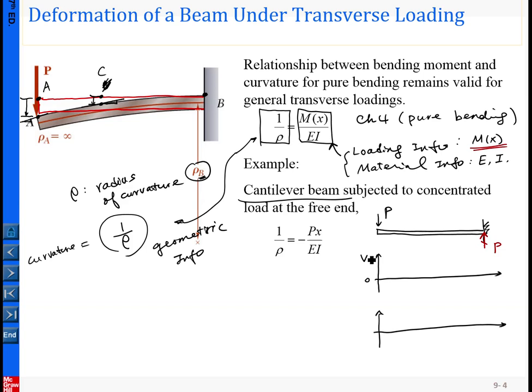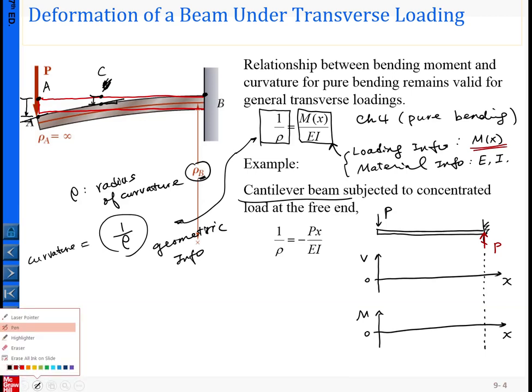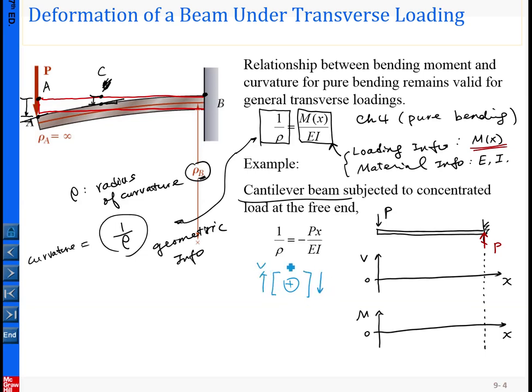So this is V, this is M. Again, if you forget how to draw the shear and bending moment diagram, refer to our discussion in chapter 5. Following the sign conventions we use when we draw the shear and bending moment diagram, we can see that for this beam the shear is pretty much constant.